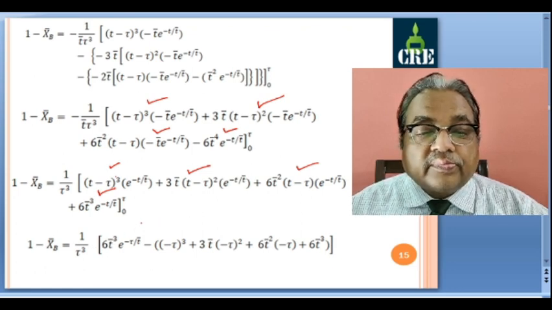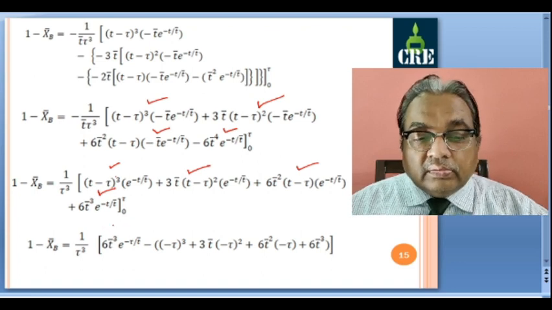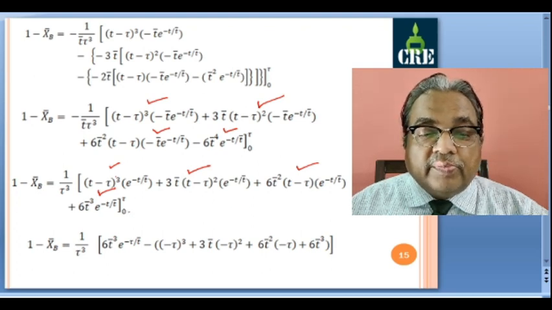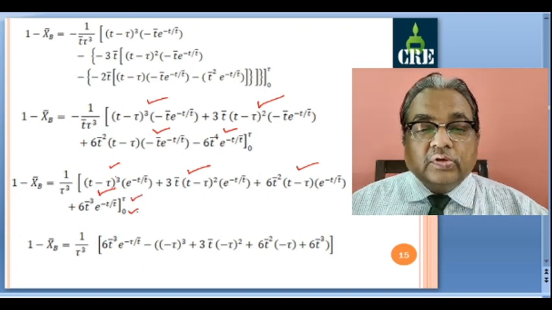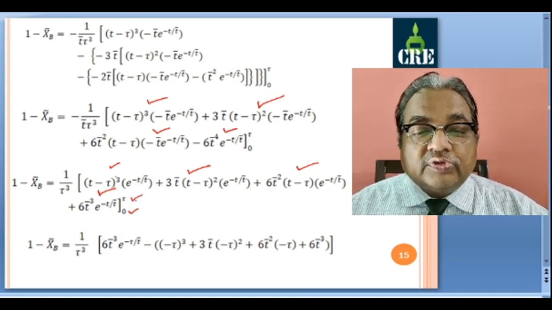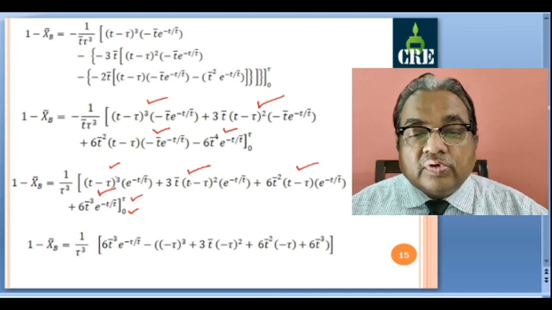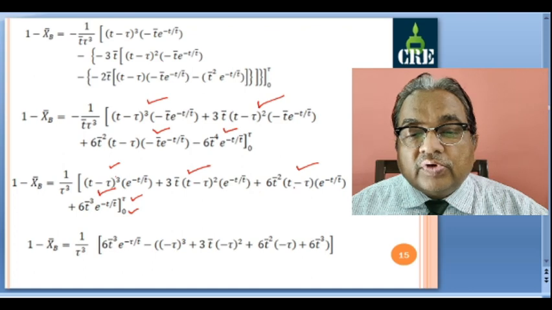These terms I write further. So I have solved this integral, and now I have to substitute the limits 0 to tau. So first the upper limit. When I substitute tau for t, here t minus tau becomes 0, this t minus tau becomes 0, and this t minus tau becomes 0, and all the terms in the products will be 0 with the upper limit.